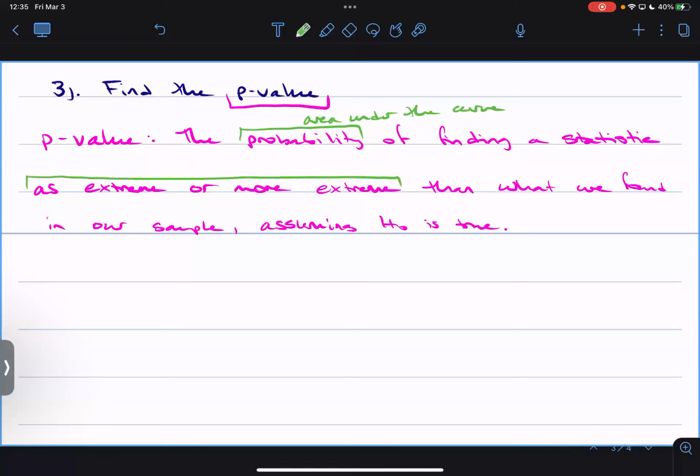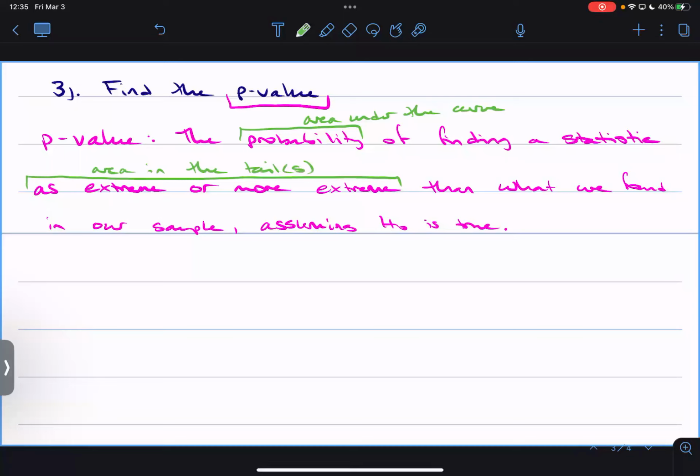What does that mean? It means it's the area in the tails, right? Area in the tails, potentially 1 or 2.